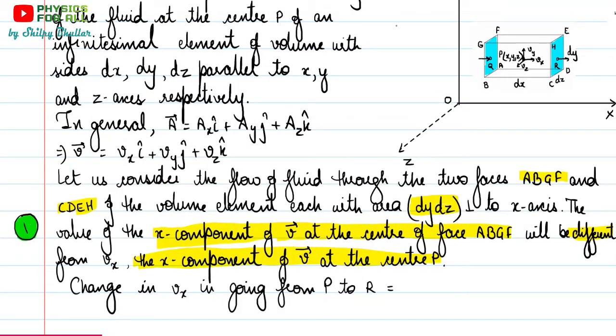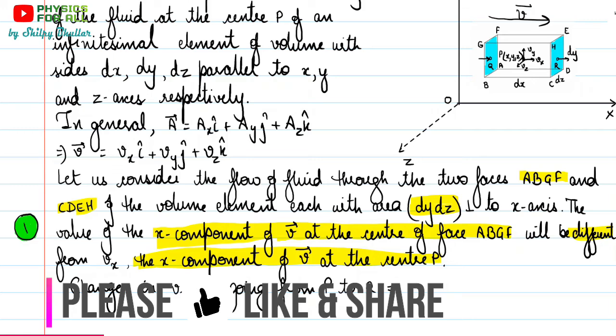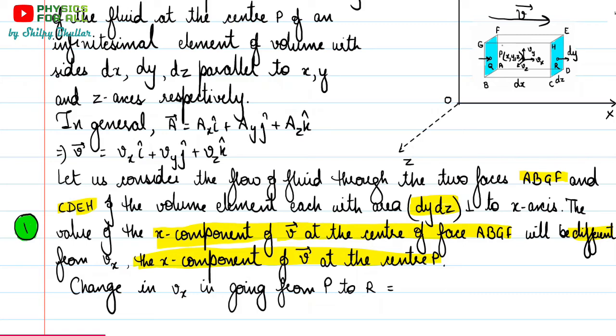If the fluid is flowing in this direction along the x-axis, the value of the x component of V at Q will be different from the value at P. And then again from P to R there would be some change as well.